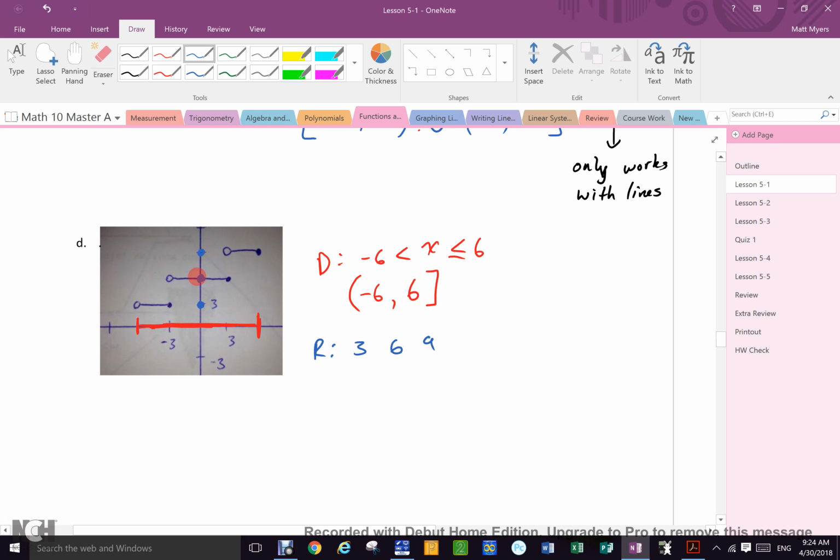No. So can I use either of these? I can't, can I? Because I didn't make a line. It's only 3, 6, and 9. So I have to list them. Does everybody see the difference? If I make the line, I can use these two. If I have dots, I have to list them.